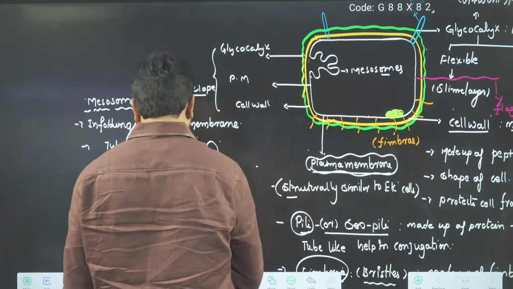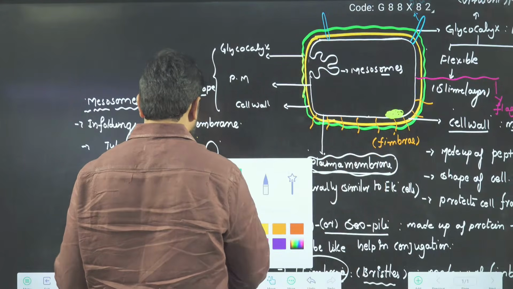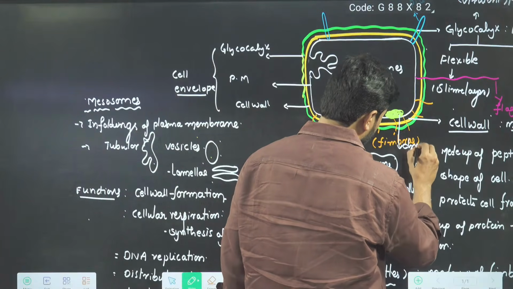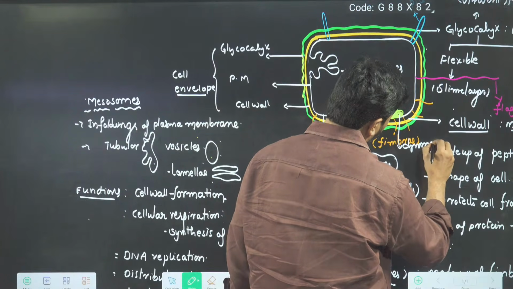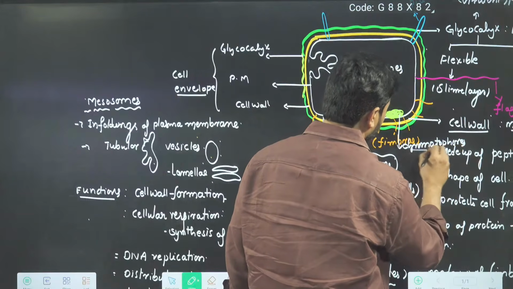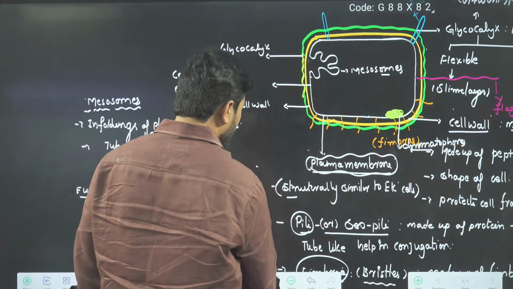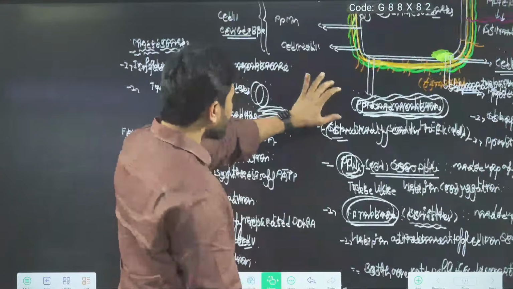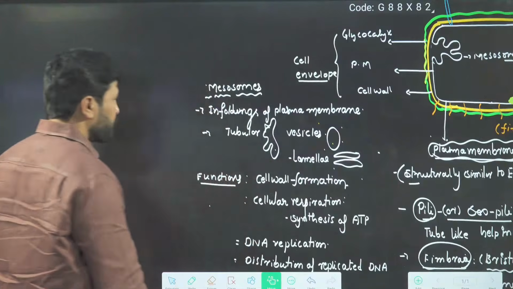Those pigmented areas in the plasma membrane are known as chromatophores. Who are these chromatophores and what is their story? Chromo means color.